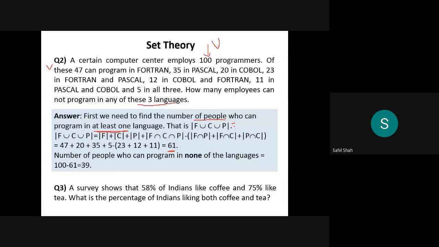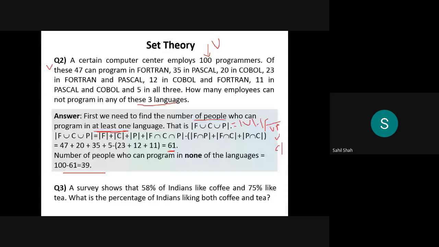This cardinality will be equal to the cardinality of U minus the cardinality of F union P union C. So you put the cardinality of U as 100 minus the cardinality of F union C union P as 61. So your answer becomes 39.